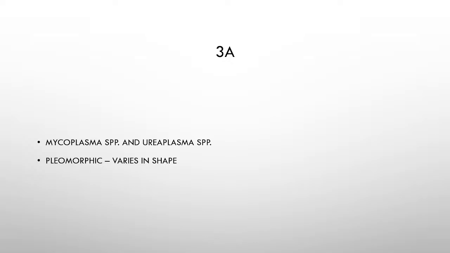So it means that if it varies in shape, it doesn't necessarily mean that that's the only shape you would see the organism. For example, you allowed the organism like mycoplasma to grow in a particular media, and you fixed it. Okay, you fixed it in the slide.